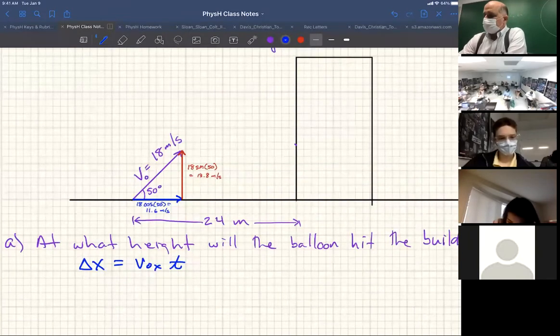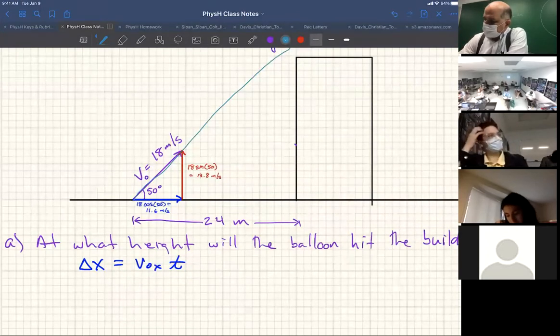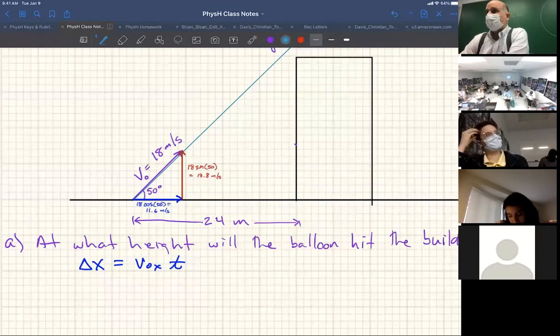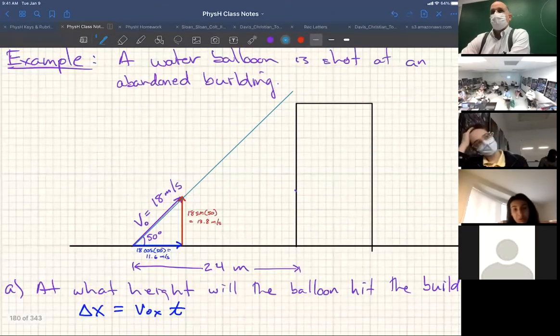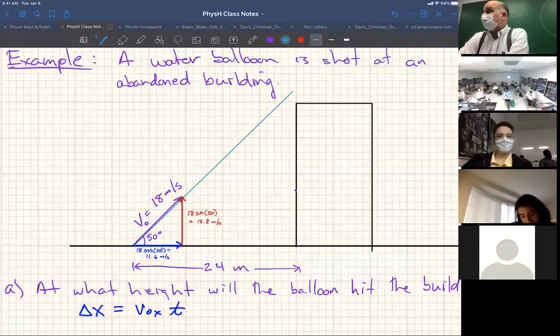Here's a question before we go any farther. Just a hypothetical question, could you use a big honkin' triangle to figure out where the balloon hits the building and just do geometry with a triangle? Why can't you do that? Yeah, it doesn't move in a triangle.